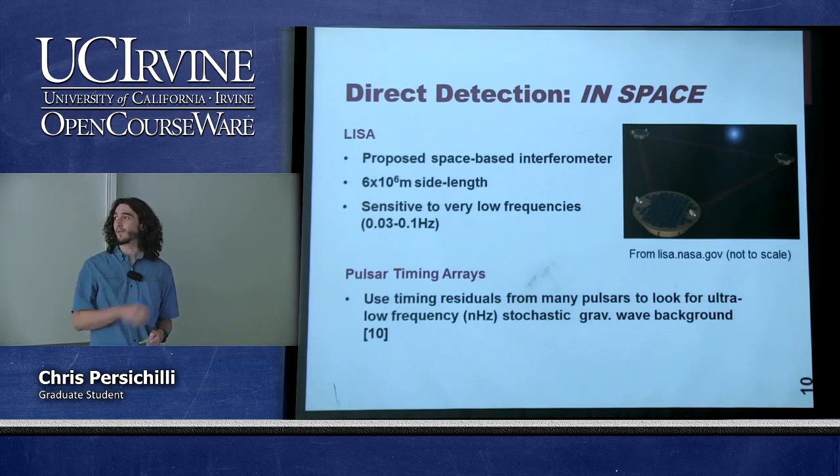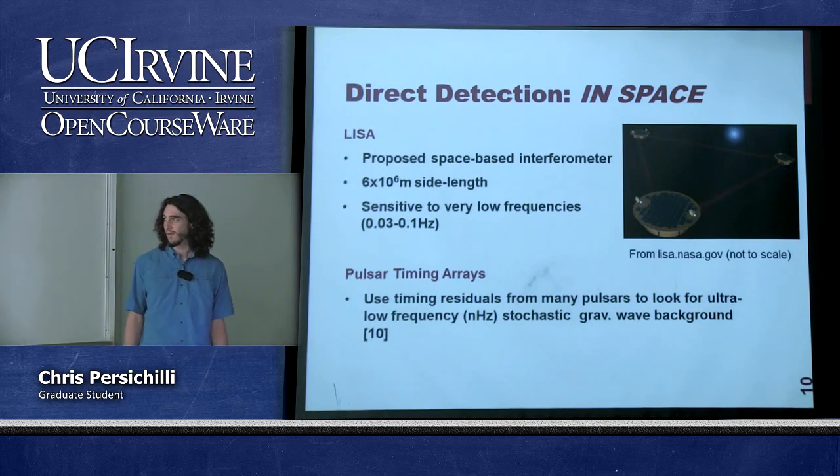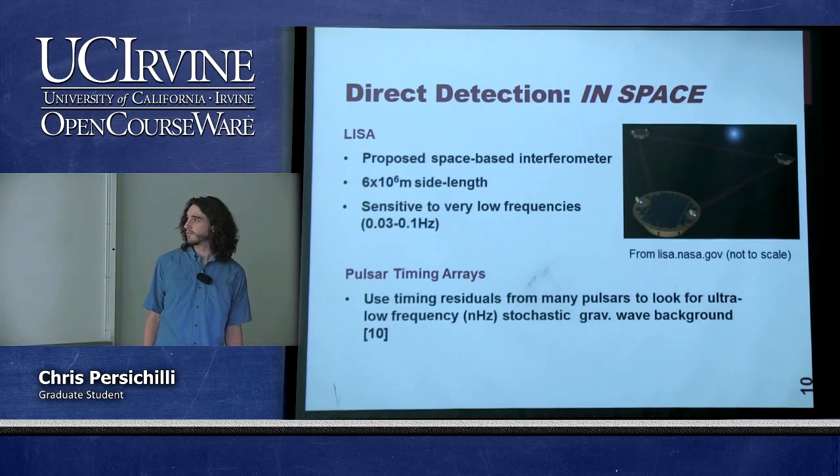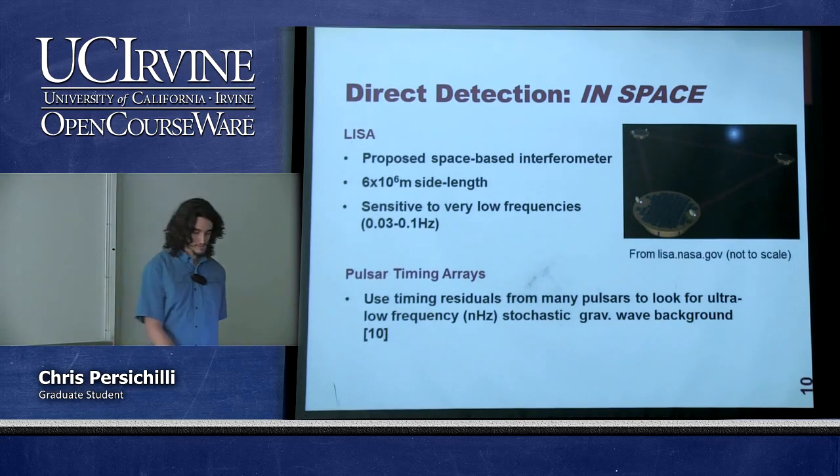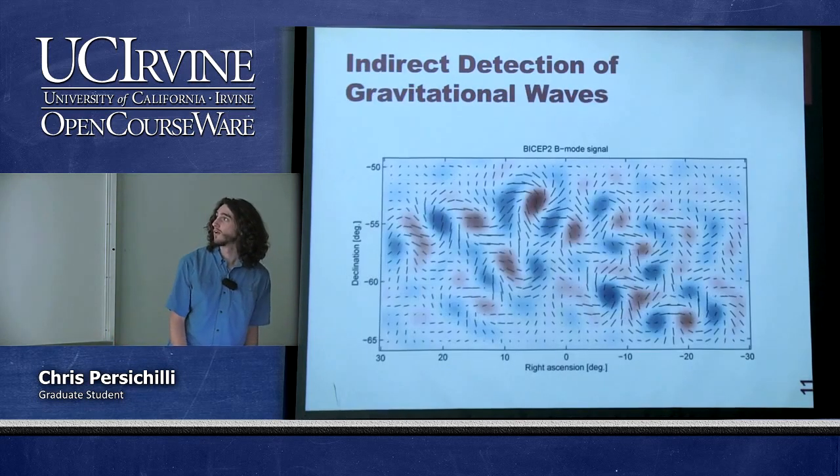And then by looking at many of these timing signals that are very far away, you can look for residuals in those timing signals to look for extremely low frequency gravitational waves that are affecting the space between Earth and those pulsars. So yeah, frequencies on the order of nanohertz. And again, looking to just detect the stochastic background with those guys.